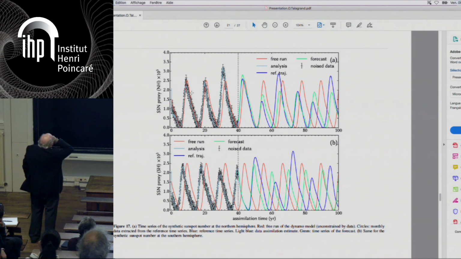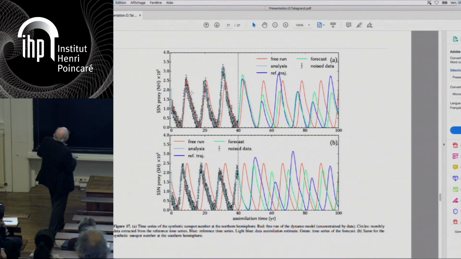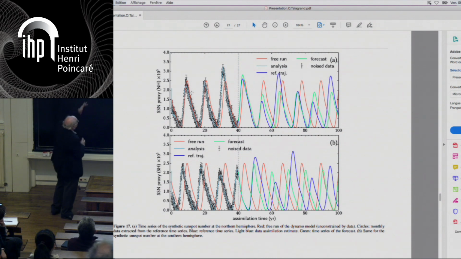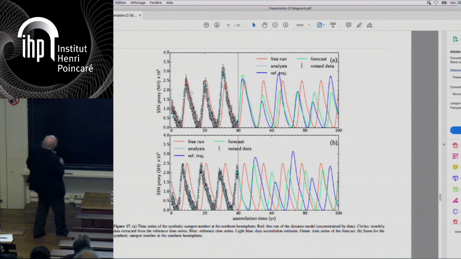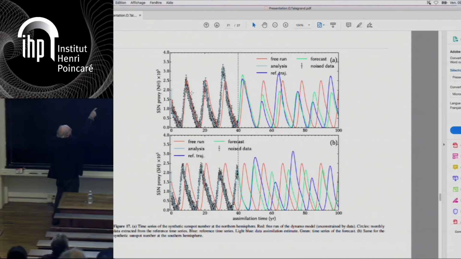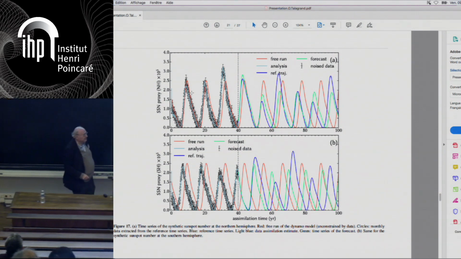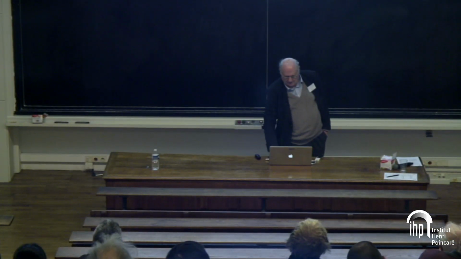And you have the reference trajectory, which is the truth. And you see that the forecast and the reference are in phase until year 60. Then the phase is lost, and the amplitude is relatively correct. For instance, for the 2 cycles in the forecast phase, the amplitude is correctly simulated. In the southern hemisphere, there is much less predictability, as you can see.